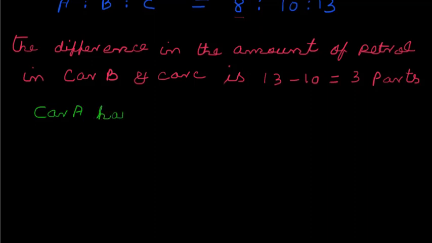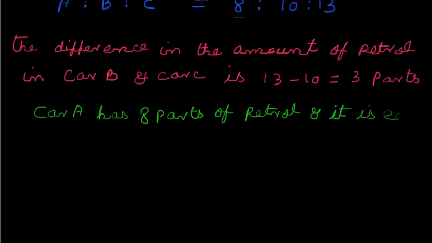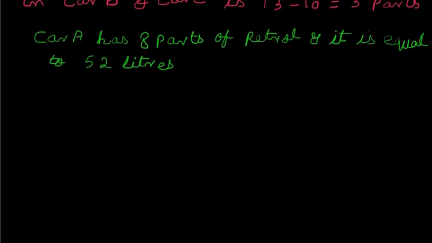So car A has 8 parts of petrol and it is equal to 52 liters. This is the information we get from the question.